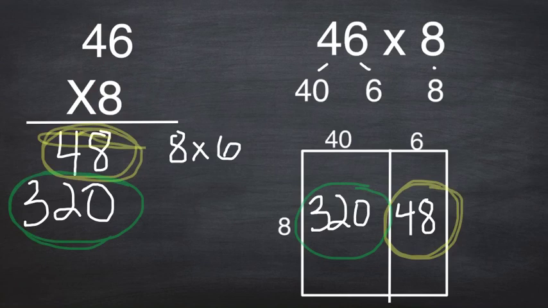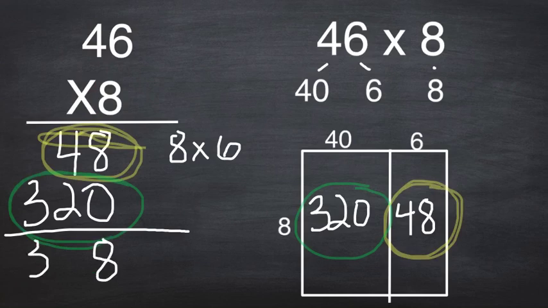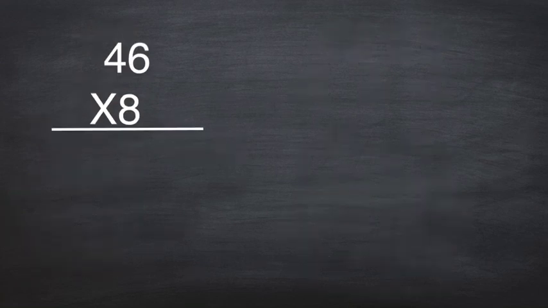But with partial products, we don't have to show the number breaking apart because we can use the place value. So it makes it a more efficient strategy. At the end, just like we did with the box, we add our numbers together to get our answer of 368.